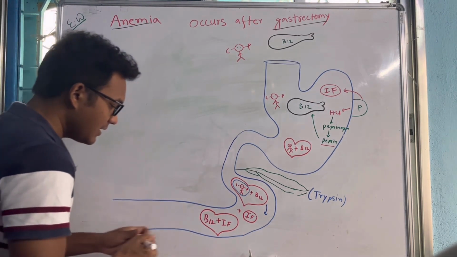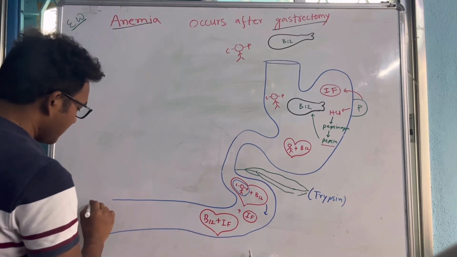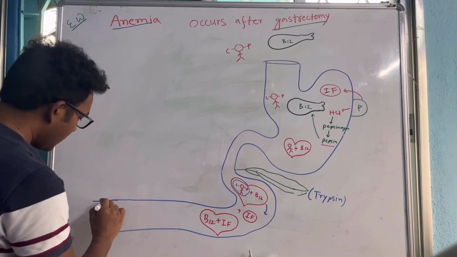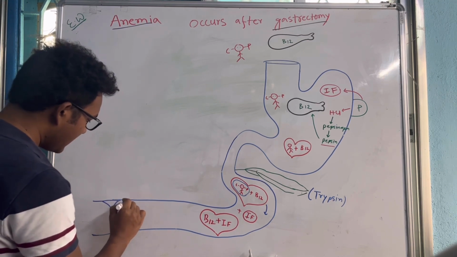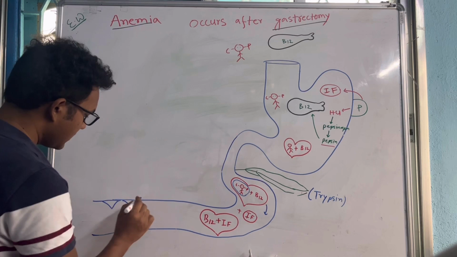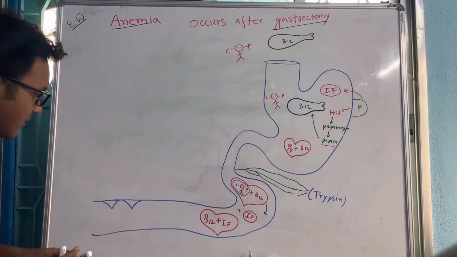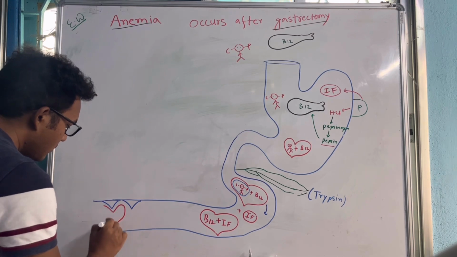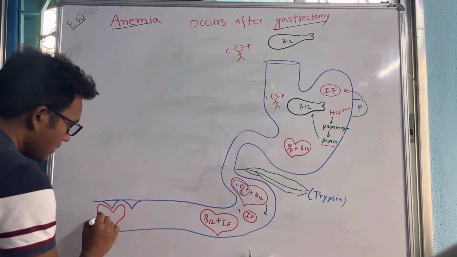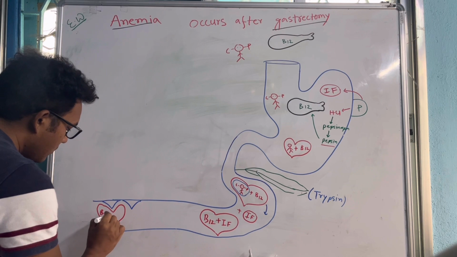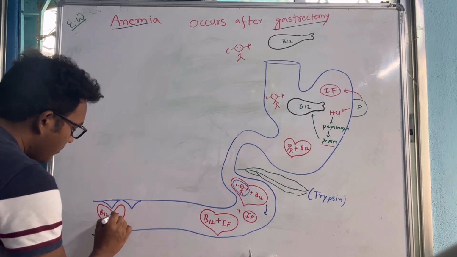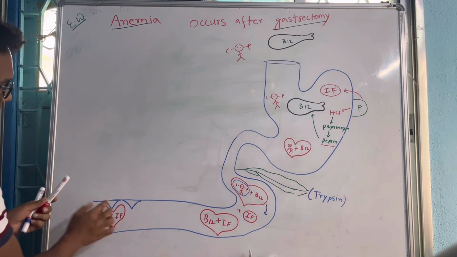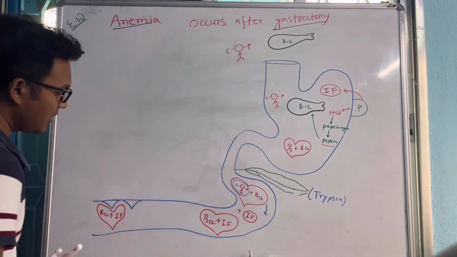Now in the terminal ileum there is a receptor, and here the bonded form of B12 and intrinsic factor binds with this receptor of the terminal ileum.